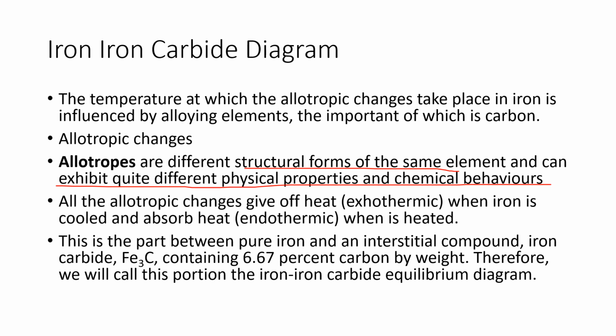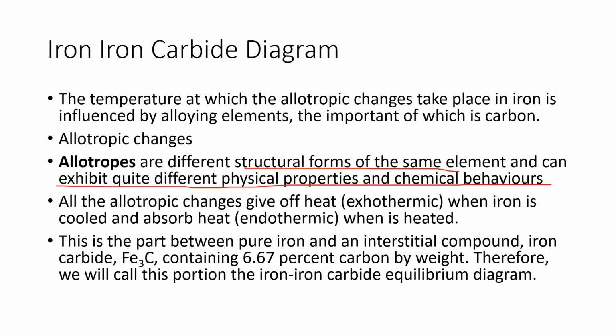Like we discussed in the previous slide, when iron is cooled down from 1666 degrees Fahrenheit to 1414 degrees Fahrenheit, the lattice structure is similar, but the physical properties of iron change from non-magnetic to magnetic form.